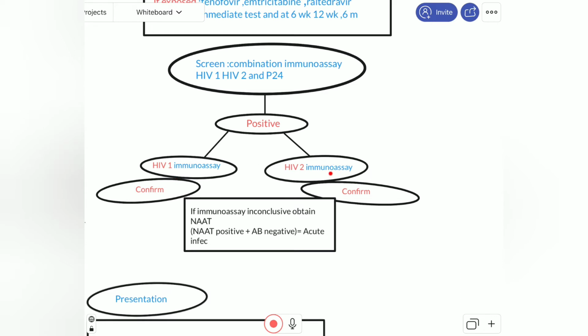Positive will confirm the diagnosis. If the immunoassay is inconclusive, obtain a nucleic acid amplification test, NAAT or NAT. If a NAT is positive despite the antibody being negative, this means acute infection of HIV.